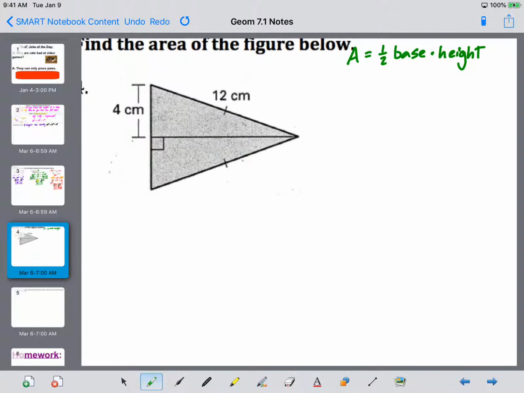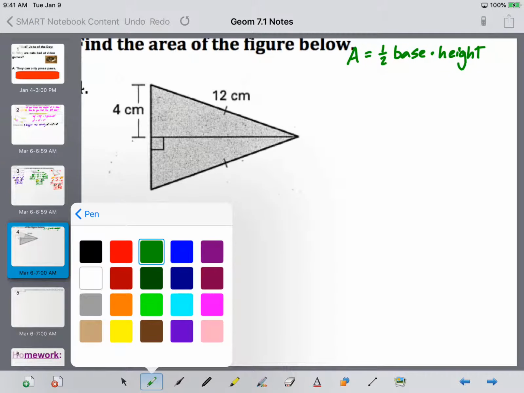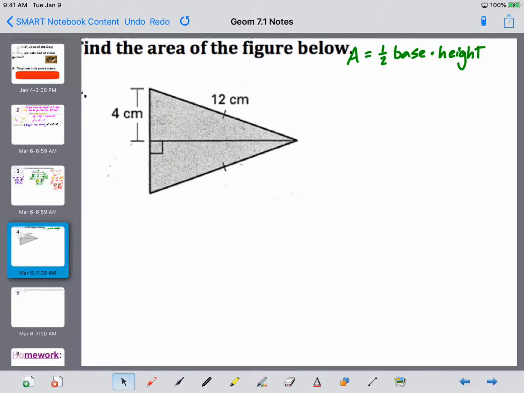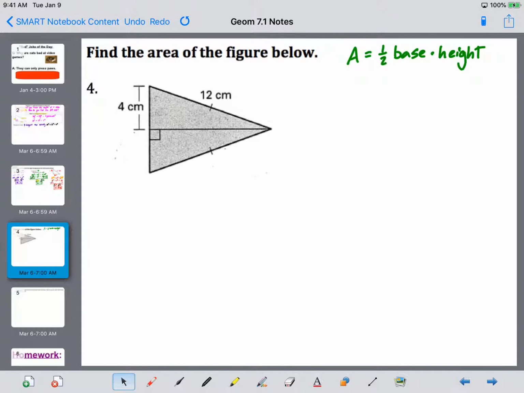Okay, so now that we have that cleared up, what we're going to do first is figure out the height. We can find the length of the base, because that's this whole length here, which would just be 4 plus 4, so this is 8 centimeters. Now let's call this here height. We don't know how tall this triangle is. But if you notice right here, half of this triangle is a right triangle.